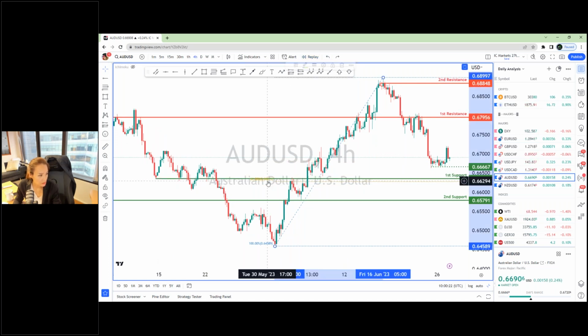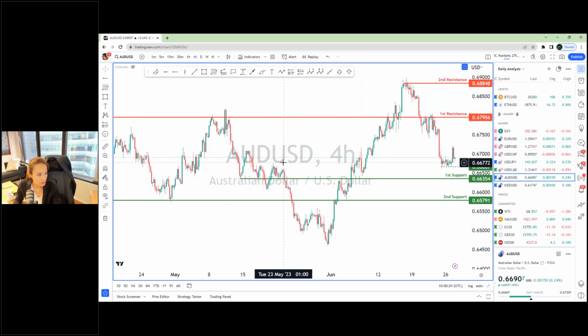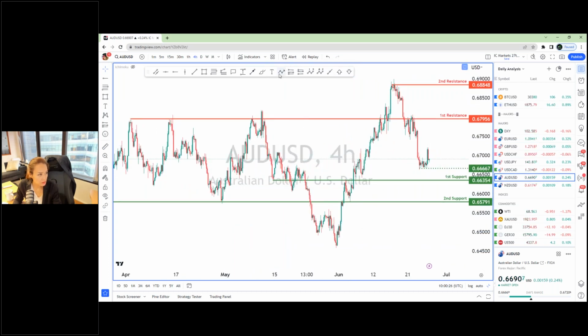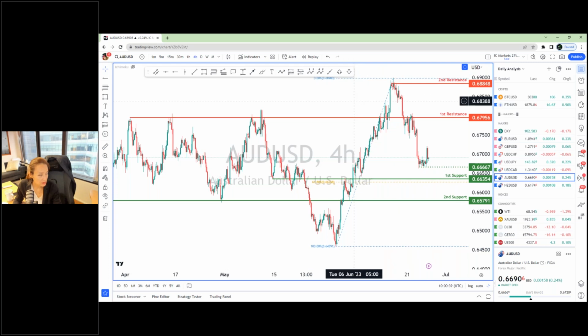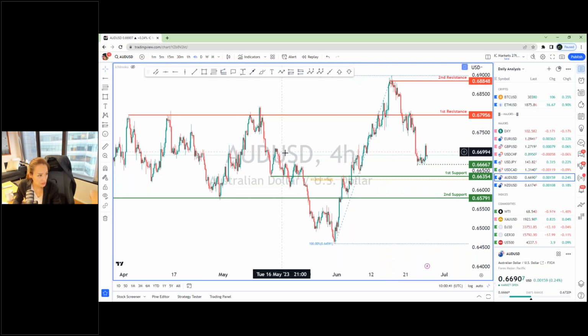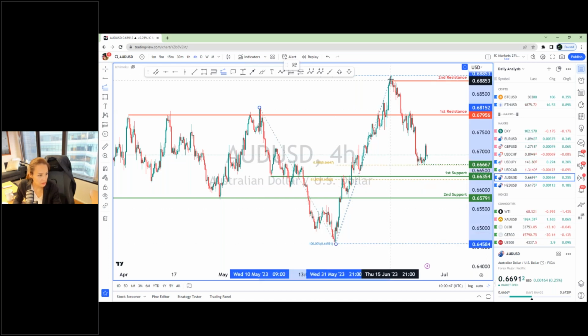So basically, let me show how you draw. First, we draw retracement from here to here. You can see this is 61.8% retracement, right? And then you want to find the projection, you project from this level to here or here.